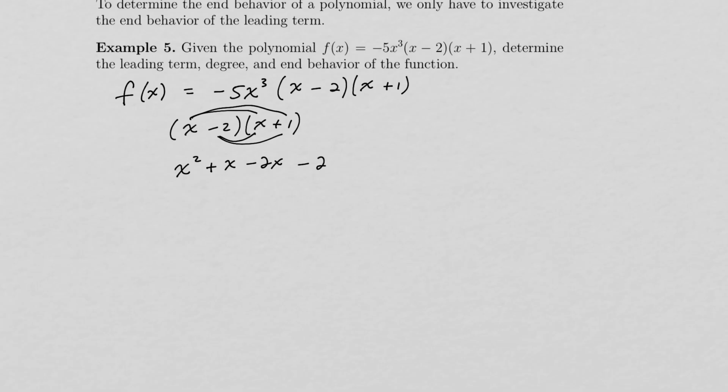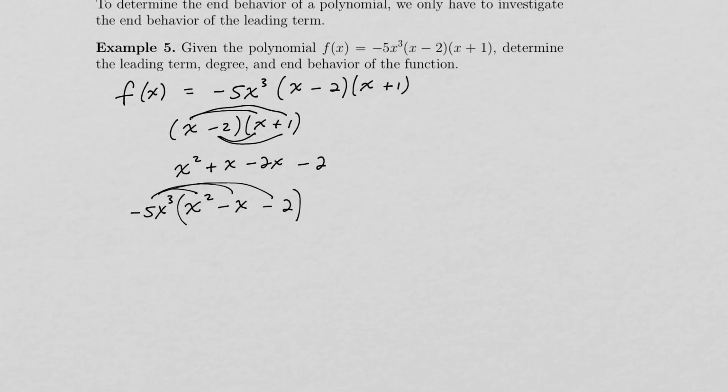So this is going to be x squared, and then plus x minus 2x is minus x, and then minus 2. And then I need to multiply that by negative 5x cubed. So now I'm going to distribute in the negative 5x cubed.